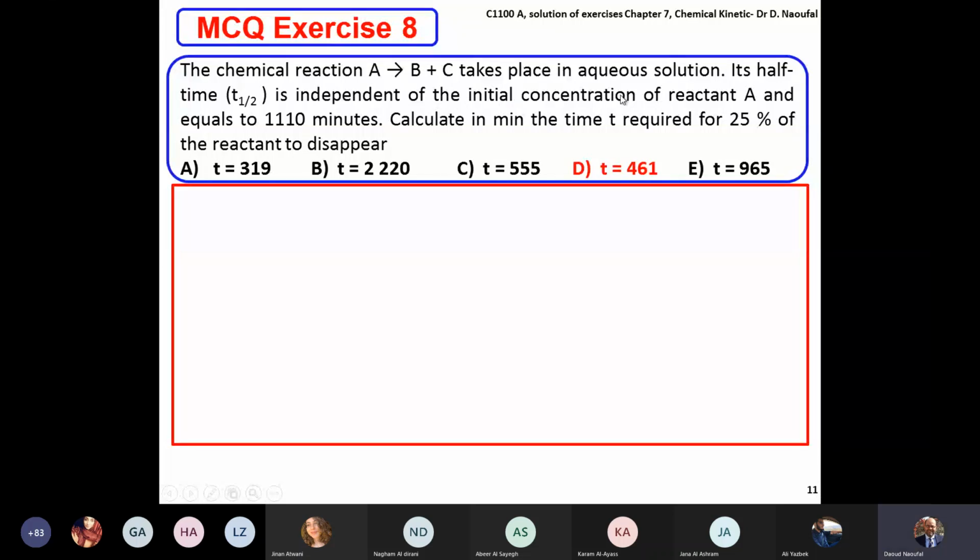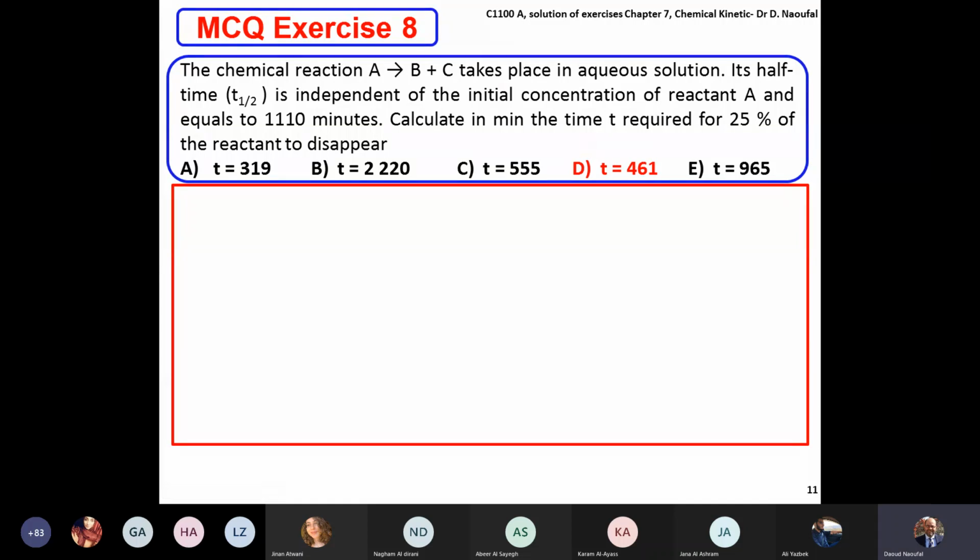T-half is independent of the initial concentration of A, and T-half is equal to 1110 minutes. Calculate in minutes the time required for 25% of A to disappear.